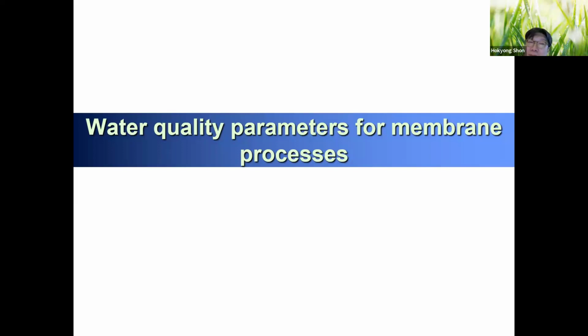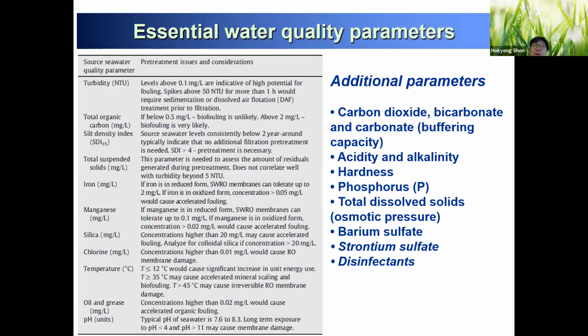So what's inside the seawater? For designing, we need to think about turbidity, total organic carbon, silt density index, SDI, and total suspended solids, iron, manganese, silica, chlorine, temperature, oil, grease, pH, and carbon dioxide, bicarbonate, carbonate.